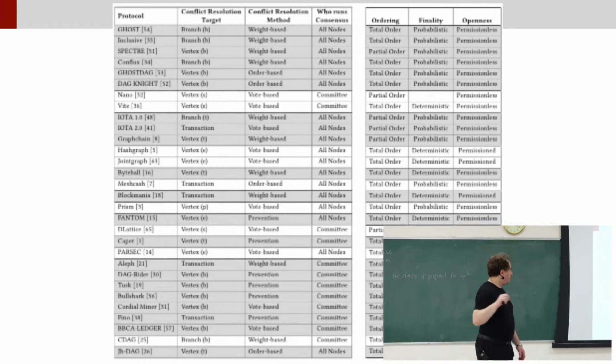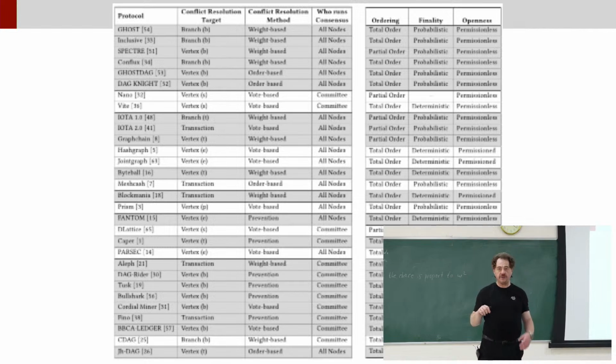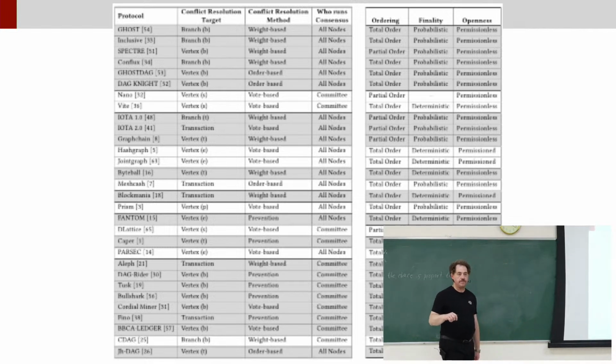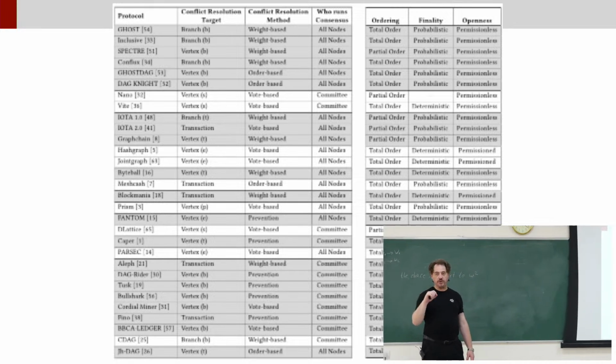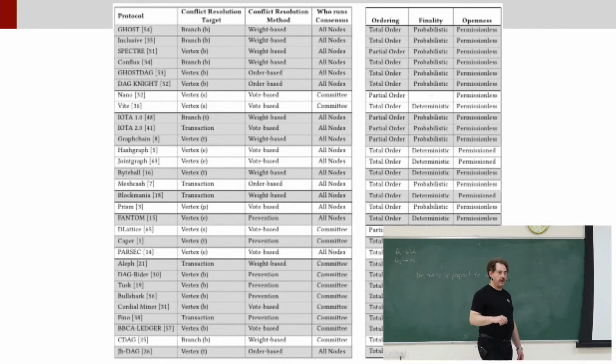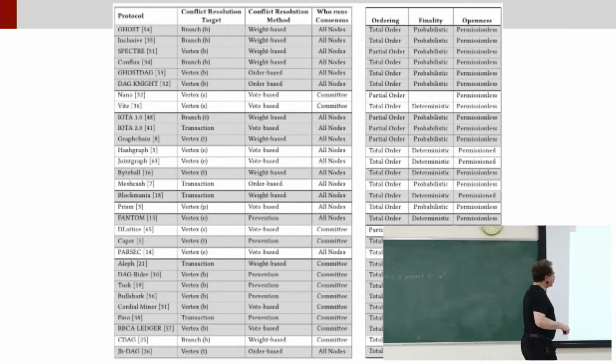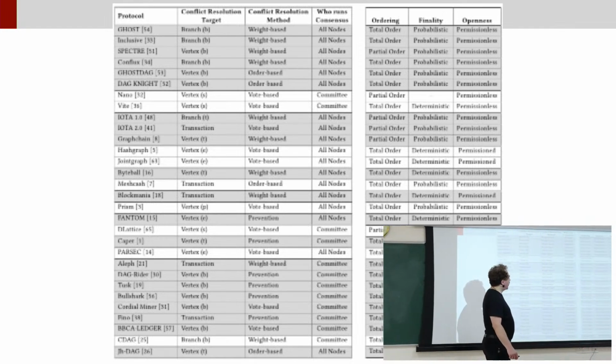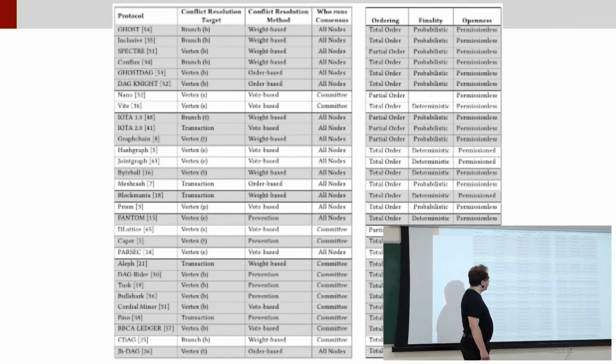So that's probabilistic finality. And deterministic finality is like in BFTs, where there is a point in time where we can say, yes, the transaction is part of the ledger or part of the DAG. And from this point on, the transaction can be considered as final.